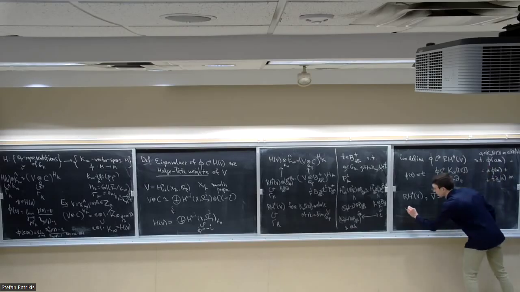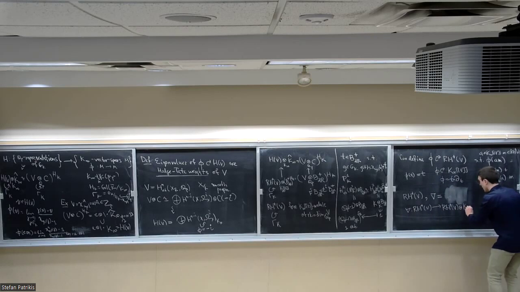So a connection should be a map from RH plus of V to RH plus of V tensor my module of logarithmic differentials. And the connection will be recovered from this phi as phi tensor dt over t.